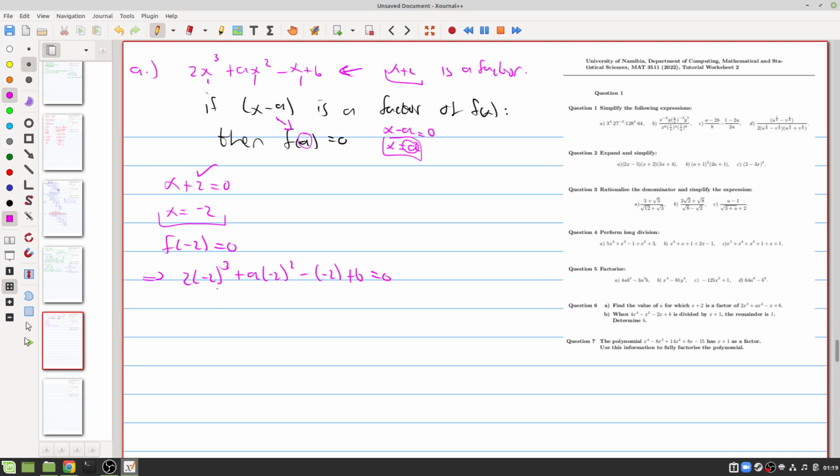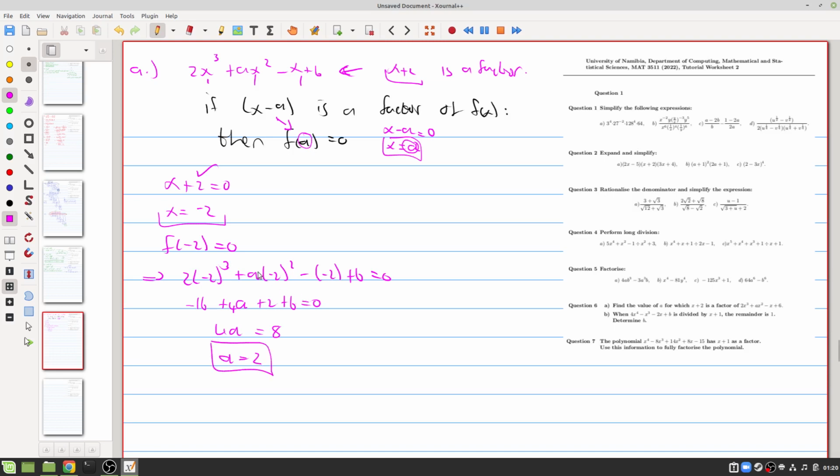Okay, so let's simplify. Negative 2 cubed is negative 8 times 2 is negative 16. Negative 2 squared is 4, so plus 4a. And then minus negative 2 is positive 2, and then positive 6 equals 0. So 4a equals, so it's negative 16 plus 8 is negative 8, take it over, it becomes positive 8, and divide by 4, so a equals 2.